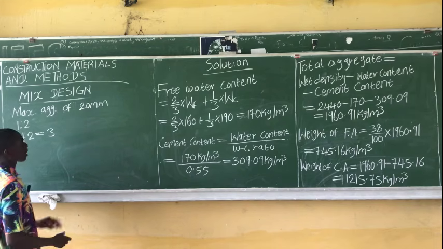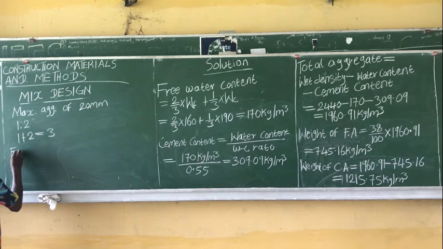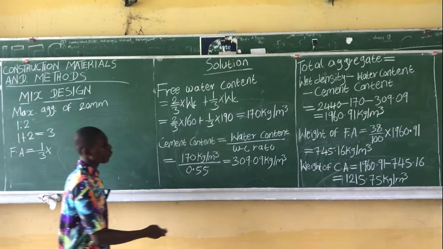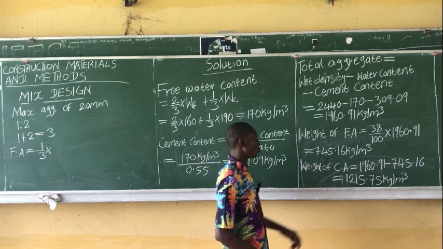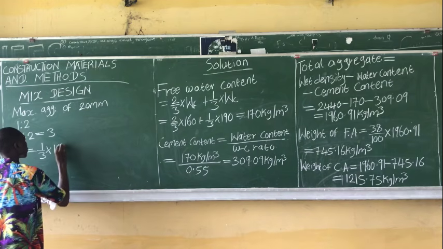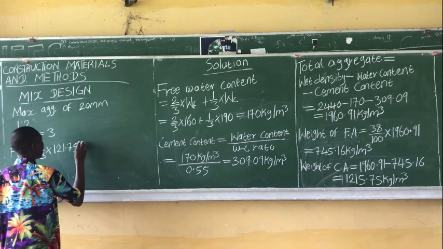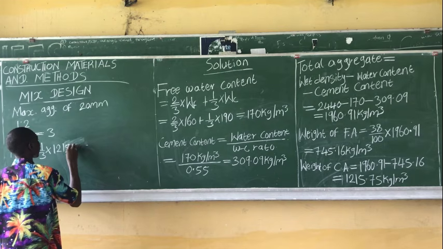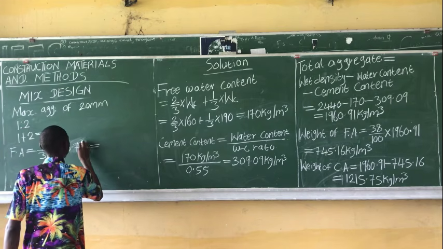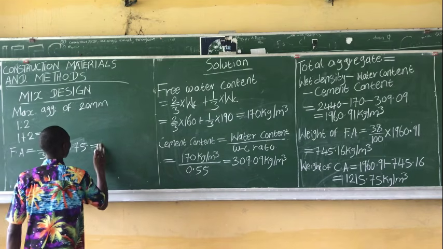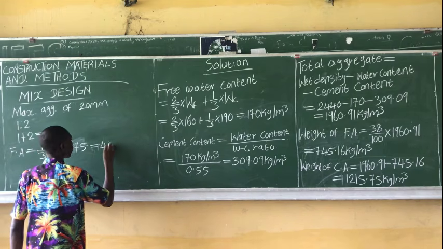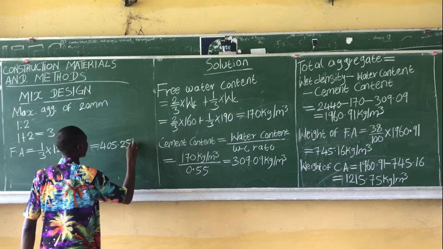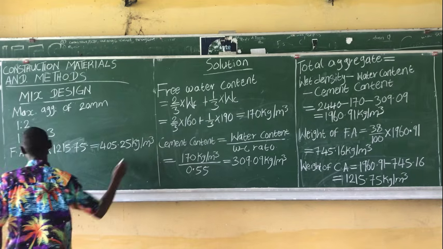So considering the maximum aggregate size to be 20 millimeters, fine aggregate is going to be equal to 1/3 times the weight of our coarse aggregate, which is 1215.75, and that's going to be equal to 405.25 kilogram per meter cube.